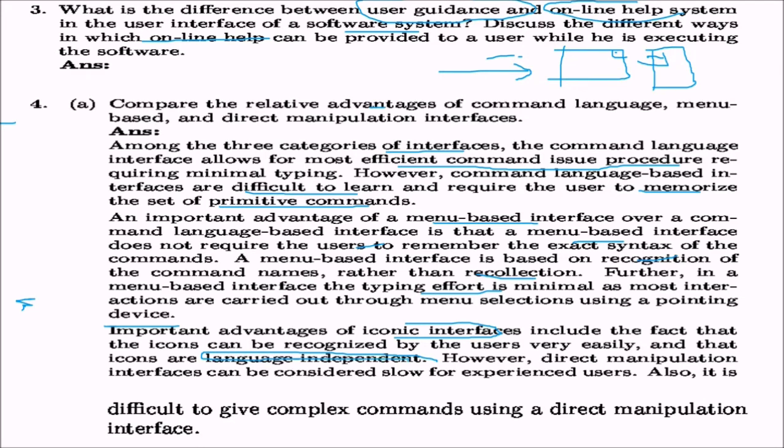But direct manipulation interfaces can be considered slow for experienced users. Those users who are aware of the commands, or who have been working for years in the command line environment, may find menu based interfaces somewhat deterring. So it is difficult to give complex commands using direct manipulation interfaces.